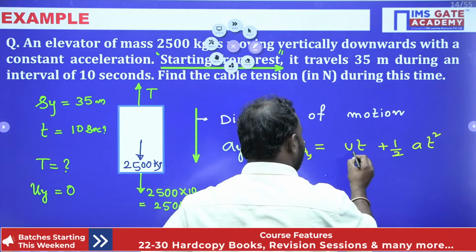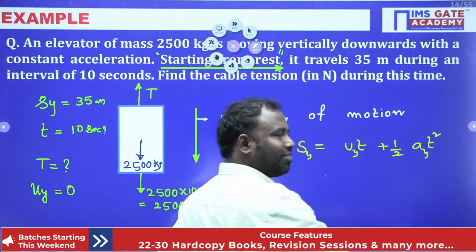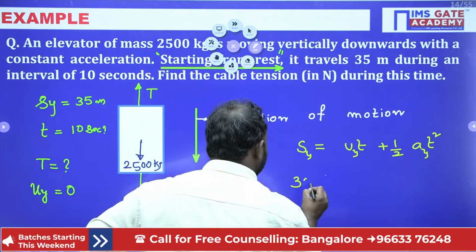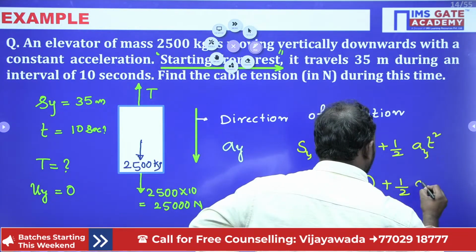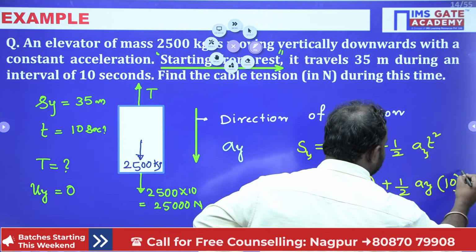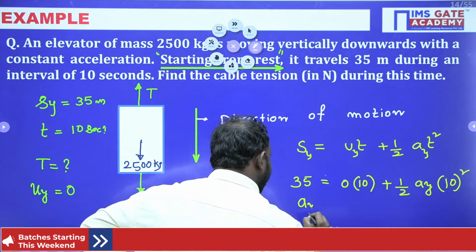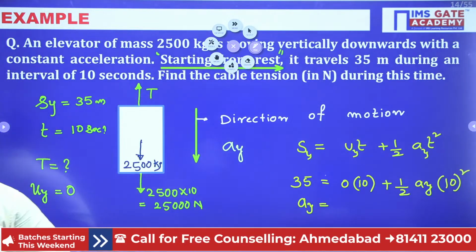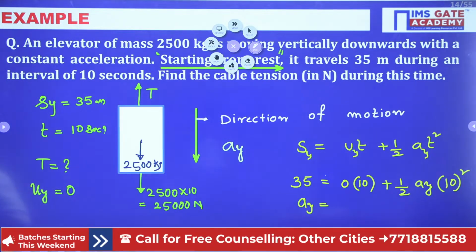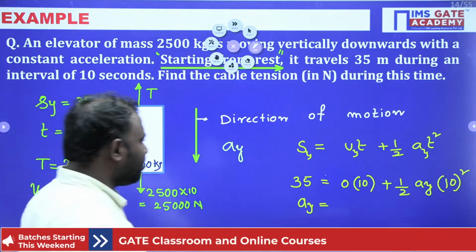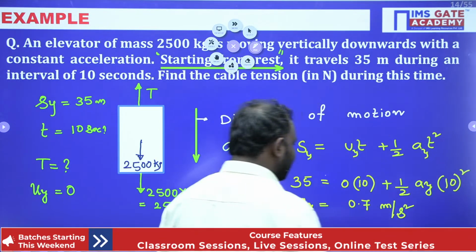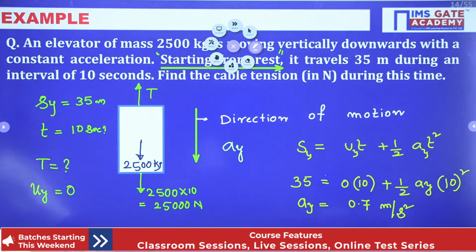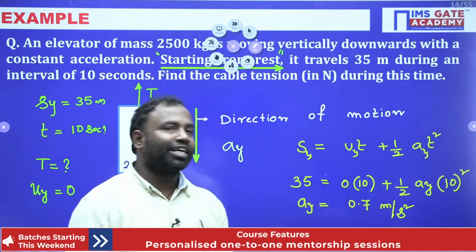Substitute that: 35 meters equals 0 into 10 plus half into ay into t squared, that is 10 squared. Solve this and let me know. I am going to get ay as 0.7 meters per second squared. Clear everybody? Now I got ay, which is 0.7 meters per second squared.